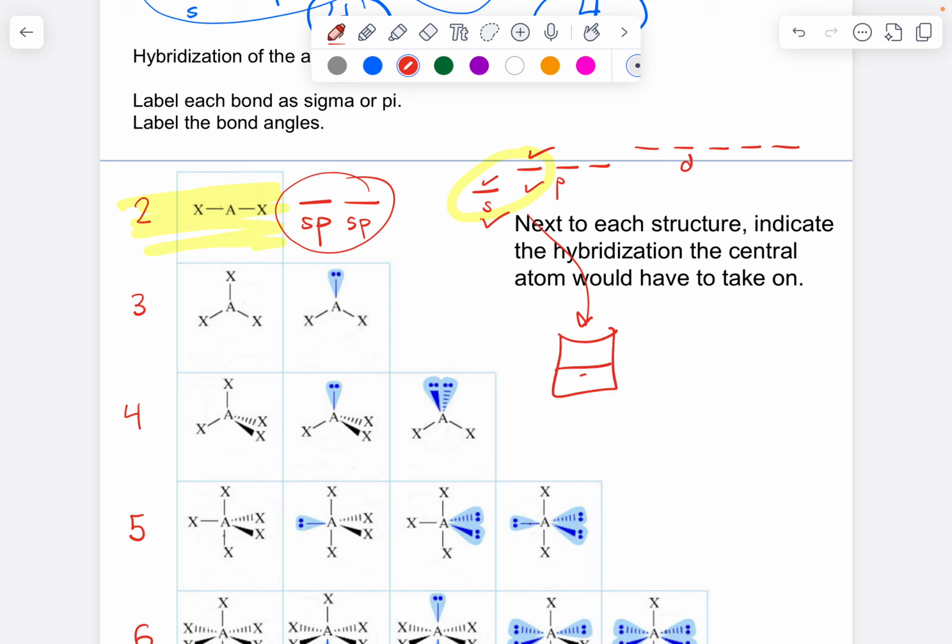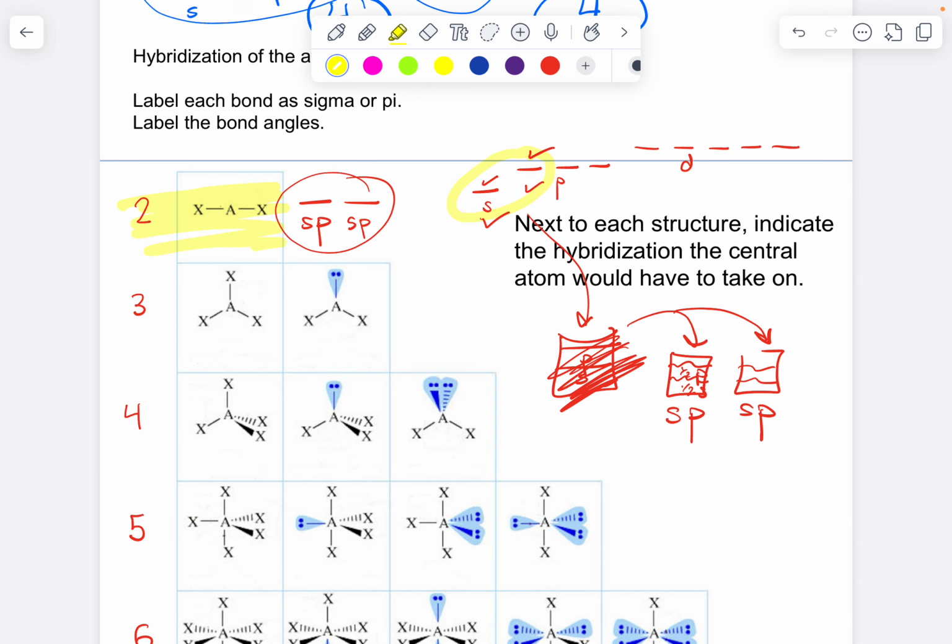I put the s in and I put the p in. And then I mixed it up, and then I poured it out into 2 new pots, new orbitals. And what I would get then is a half s and a half p in each one of them. So I would say this is S and P, this is S and P. Okay? I'll do this analogy on the next one as well.